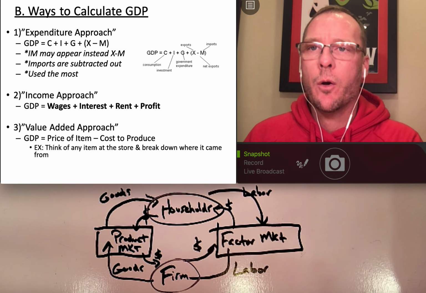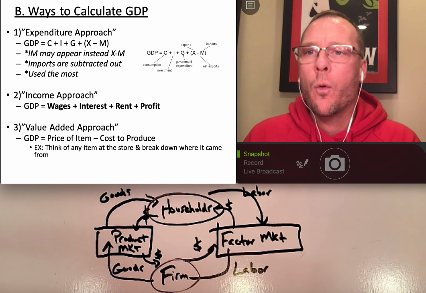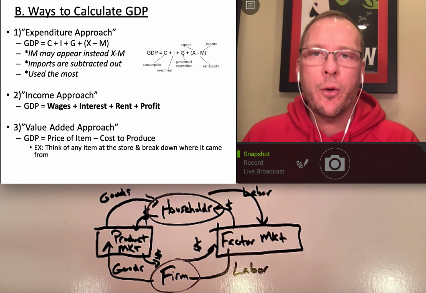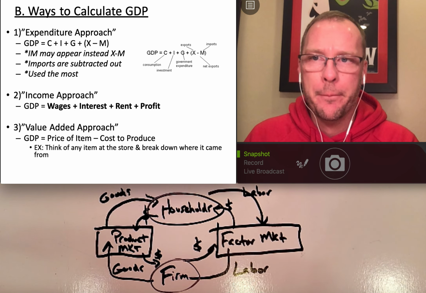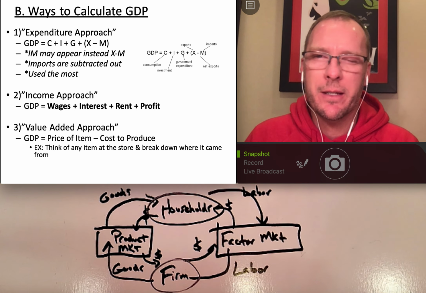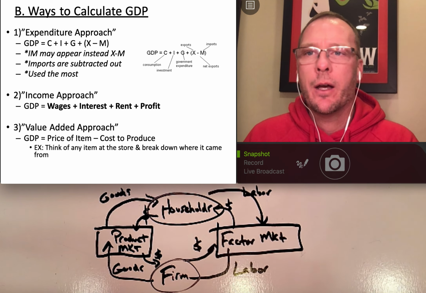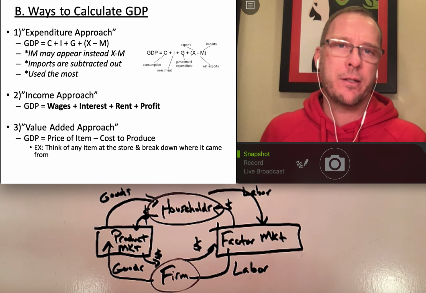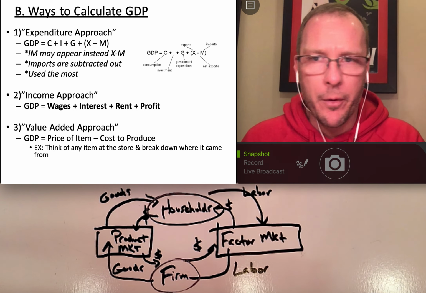All right. So as you're looking at ways to calculate GDP, just like in our circular flow there, one of the ways is called the expenditure approach. So that's C + I + G + X - M. And sometimes you'll see IM instead of X - M. Basically, that's your imports minus your exports, right? That's what we're talking about, or exports minus your imports.